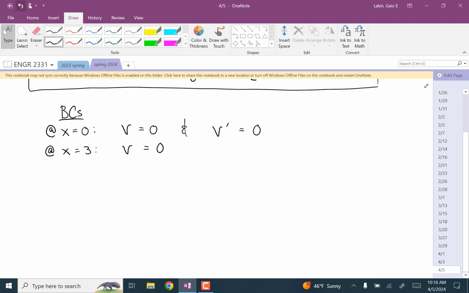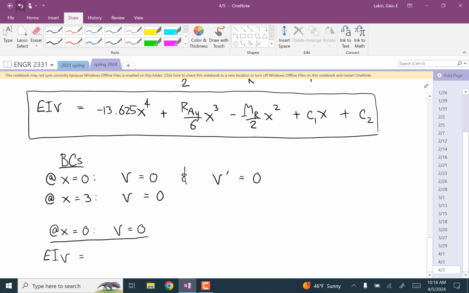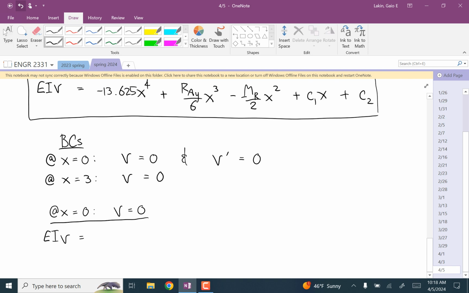Okay, so we're going to start with x equals 0, deflection is equal to 0. Okay, so EI times deflection is equal to, plug x equals 0 into all of these.